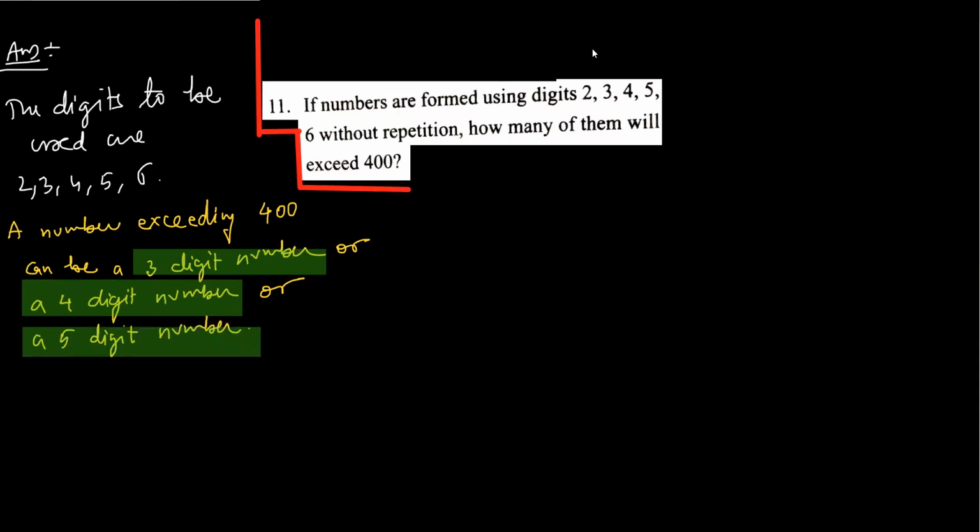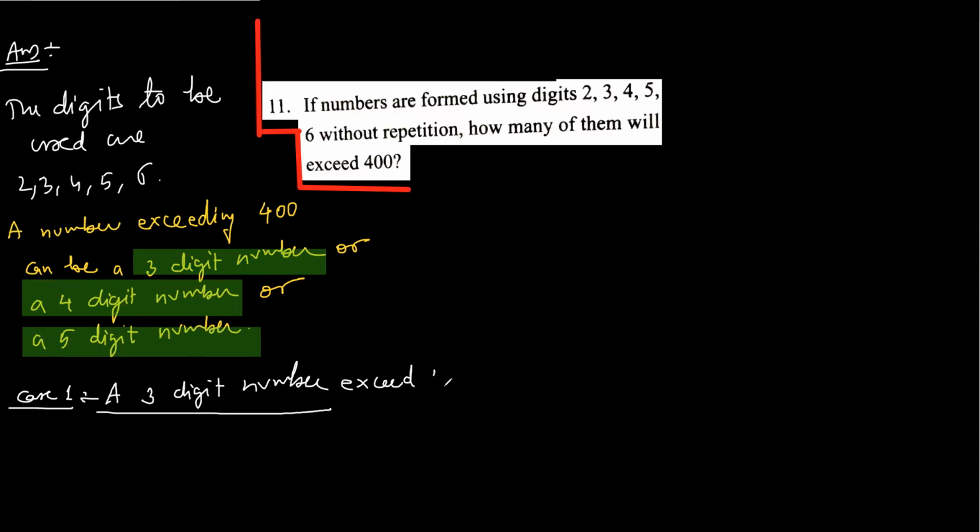Now see, I will show the first case. What is case one? Case one, I write a three-digit number exceeding 400.